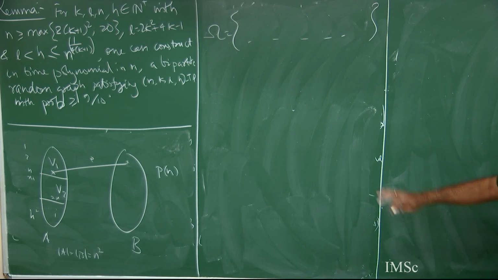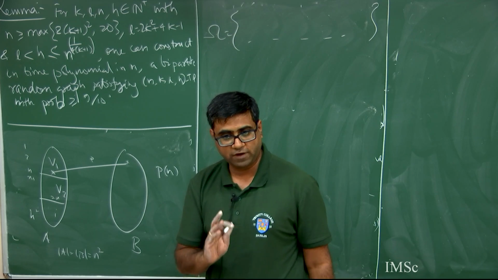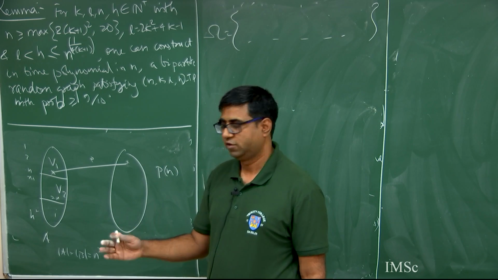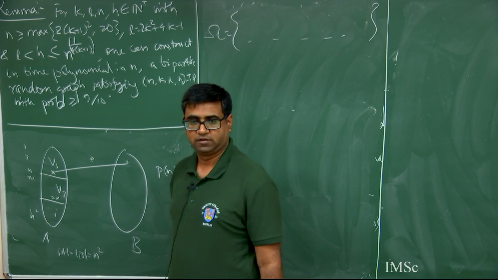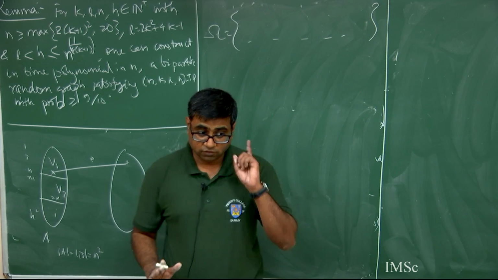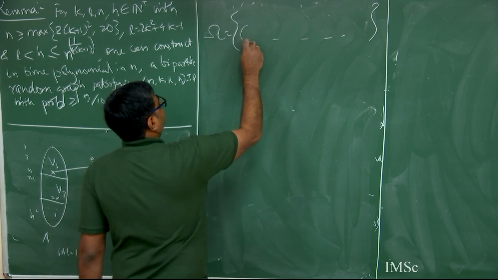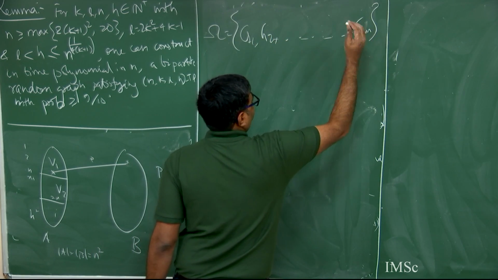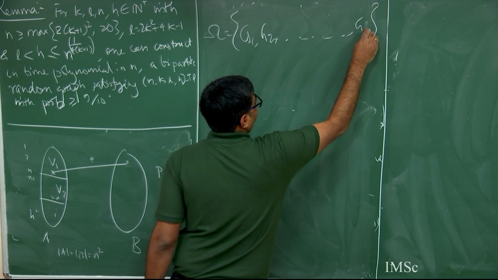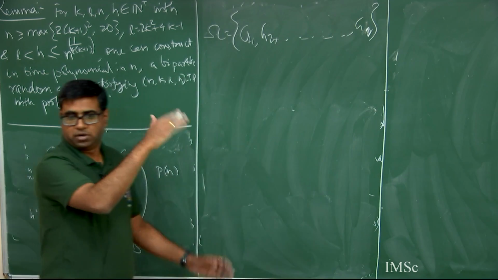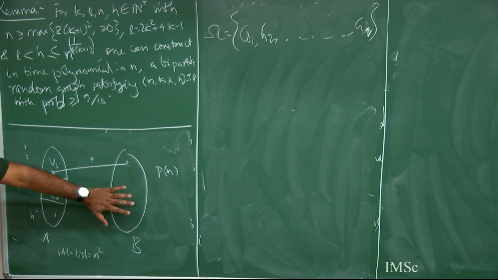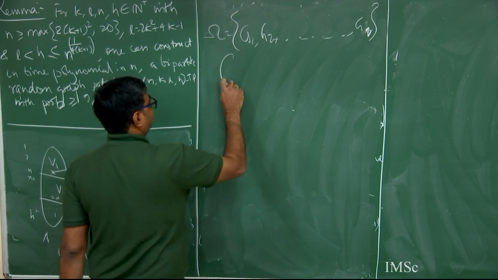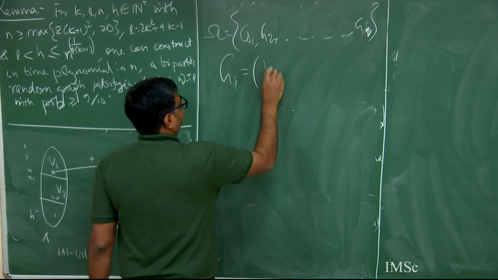This is very important to understand: the objects of this omega are all bipartite graphs on n square and n square vertices. So it is every possible bipartite graph. Now let's fix some particular G, G equals (V, E).